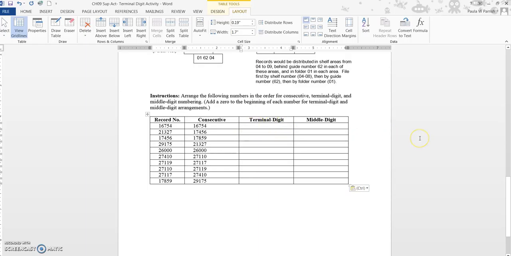So, but what I'm going to do is actually go over these so you can see that, let me get my paperwork here. First thing it tells us to do in our instructions is to add a 0 to the beginning of the number.